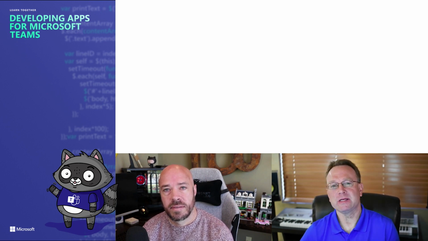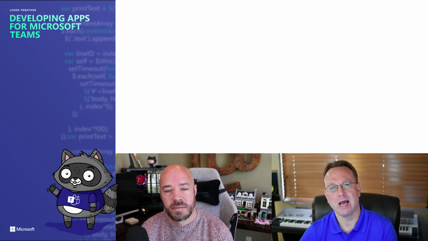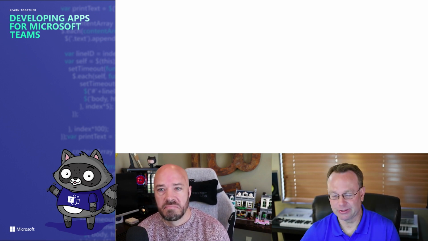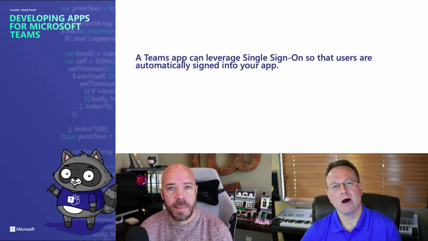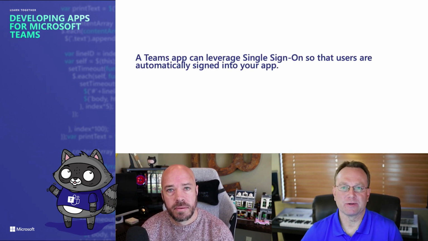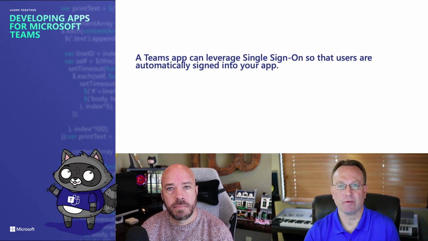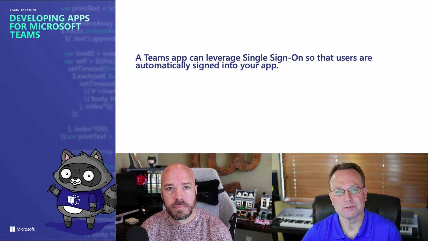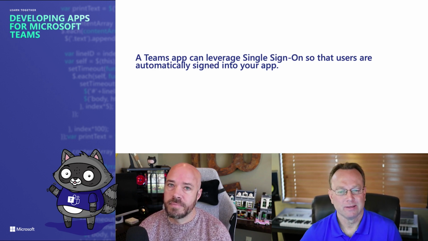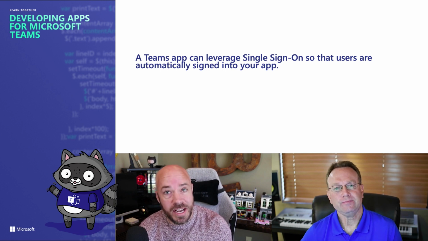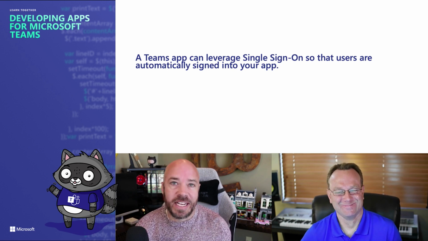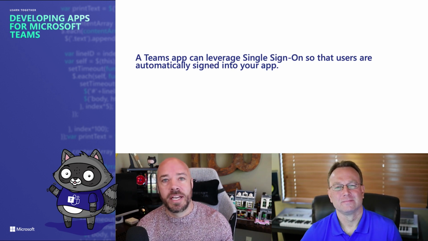So to wrap things up, Burke, let's do a real quick recap of what we've gone through in this demonstration. Okay. So first off, we talked about how once your app is in Teams, you can leverage single sign-on, and that means the users can just be logged into Teams and they're ready to go. Now I know if we switch back to your sales role, Burke, that was kind of a big deal, right? Yes, as a salesperson, I found it extremely convenient that I don't have to log into yet another system.